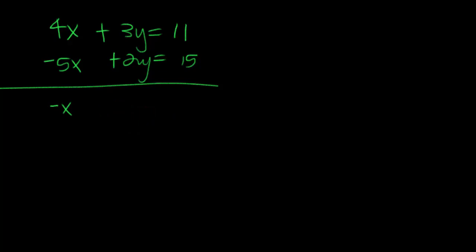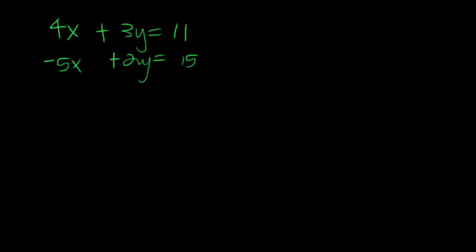I'm going to have to decide first what variable I want to cancel, and then I'm going to have to manipulate one or both of these equations by multiplying so that I get an equivalent form of the equation and can add them together so that a variable cancels. It doesn't matter what I choose, but I'm going to choose x.